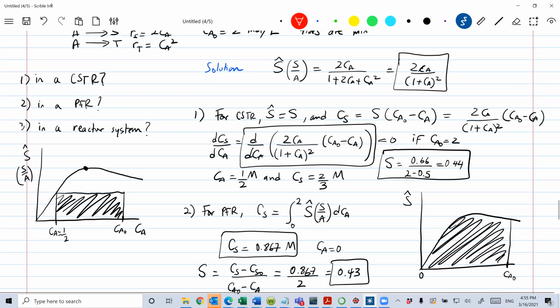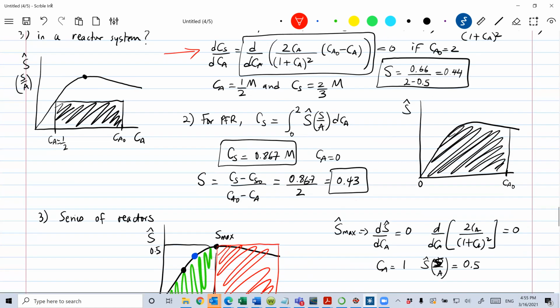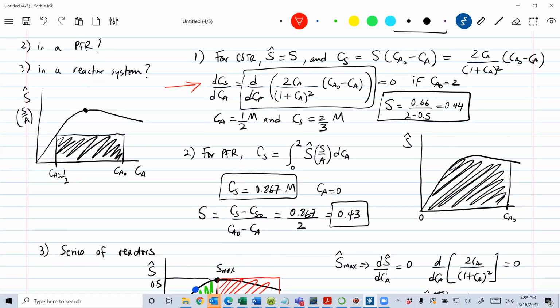So from here, for example, we've removed it, so it's not there anymore. And by doing so, we can calculate concentrations independent of the reactor size. We don't need to know the reactor size. We can just know what's the maximum selectivity you can get, what's the maximum concentration you can get.